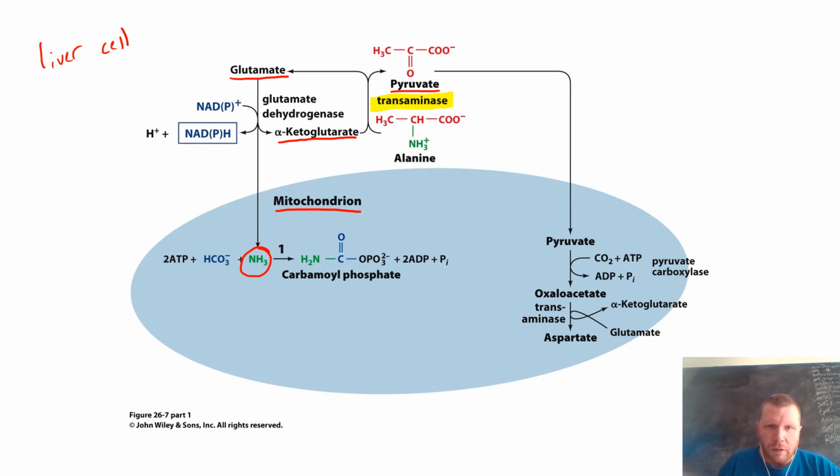Glutamate dehydrogenase takes glutamate, generates NADPH, generates NH3, and produces alpha ketoglutarate.